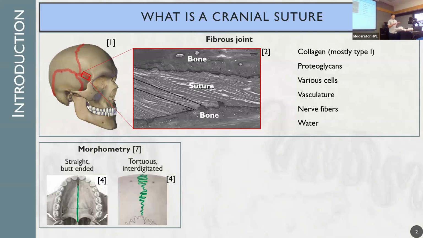In terms of morphometry, it can be straight, butt-ended, just like this medial palatine suture, or tortuous, interdigitated, like this sagittal suture. The term interdigitation refers to the shape when we interlock our fingers. So from now on, when I say interdigitation, it's just talking about the tortuosity of the suture.